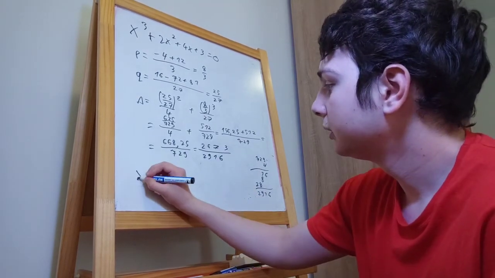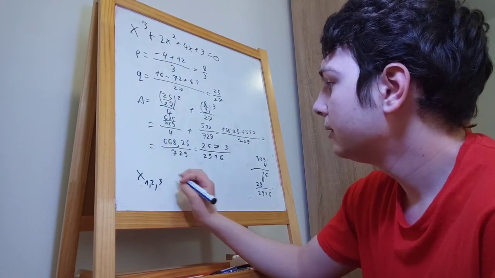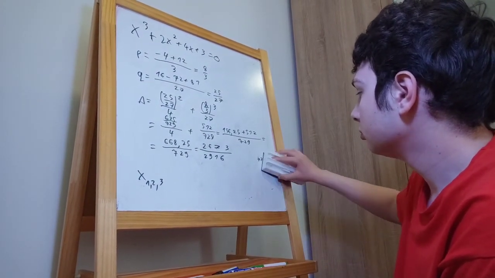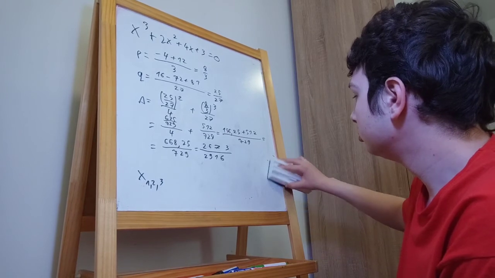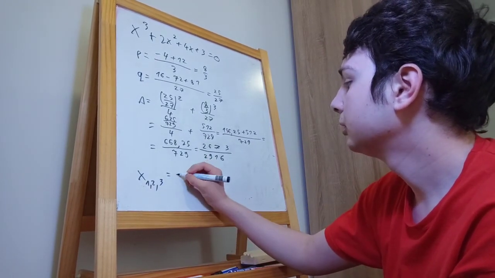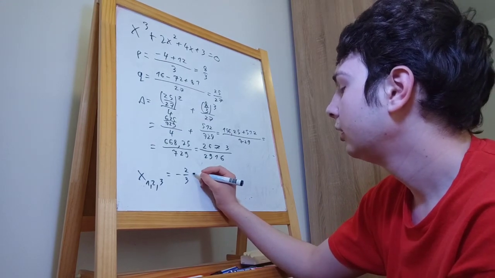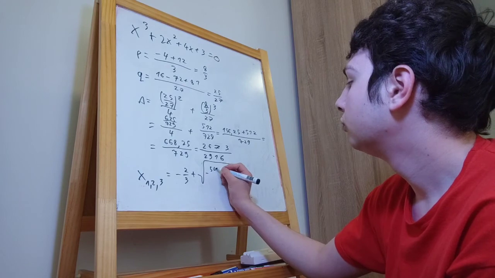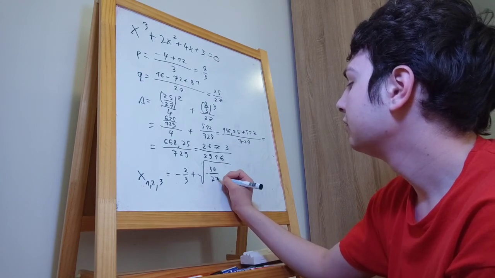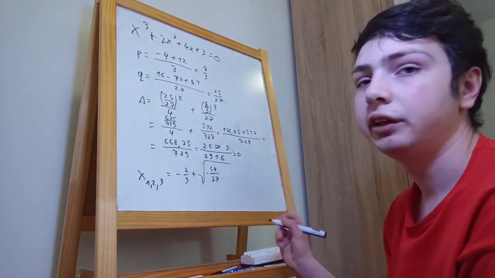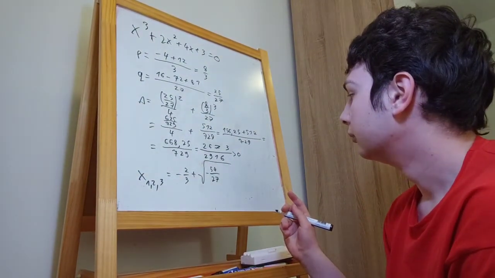And then you simply take x1, 2, 3 to be equal to minus b over 3, which is minus 2 over 3, plus square root of minus 54 over 27. Oh, one more thing. Notice that this is positive, so we have only one solution, which is real.